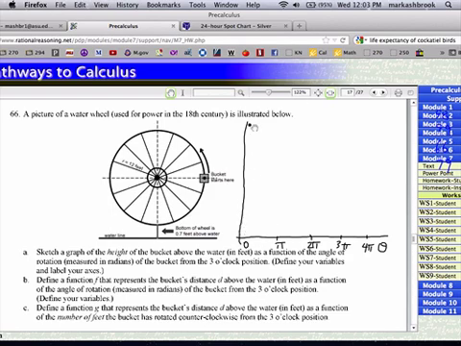So the height of the bucket at 0 is what? 12.7 feet. 12.7, which is going to match up right here. And then at pi over 2, so 1/4 rotation, the height of the bucket will be this high right here. So let's just mark off these heights right here. See that?